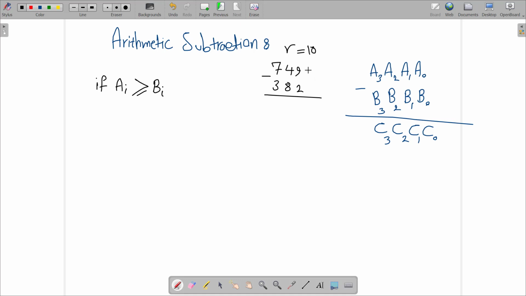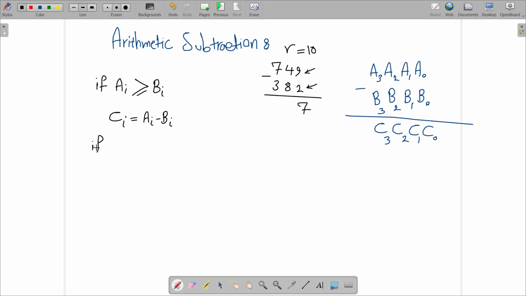When Ai, this is A0, this is B0, is greater than Bi, we say that Ci is equal to Ai minus Bi. So I want to find the Ci. So I can write it, for example, here, equal to 7.